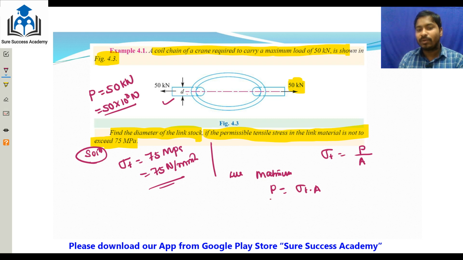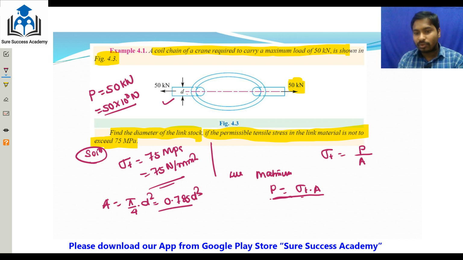Load is stress into A, remember that. Now the area is circular, so pi by 4 into d square, which is equal to 0.785 d square.